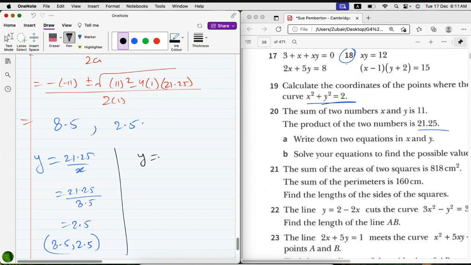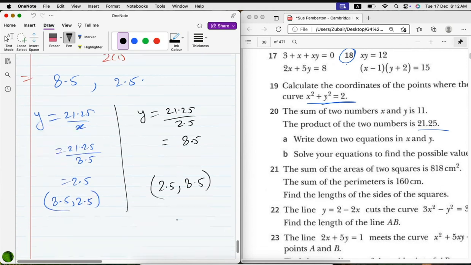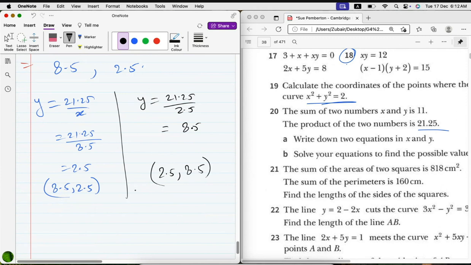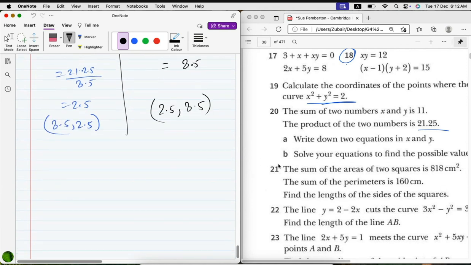And definitely the other one would switch as well, giving 8.5. So when x is 2.5, y is 8.5. We can already see the sum is 11 and 2.5 into 8.5, the product is 21.25. So the answers are checked as well.